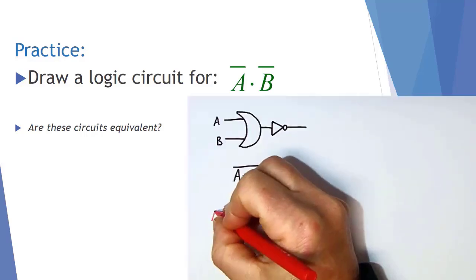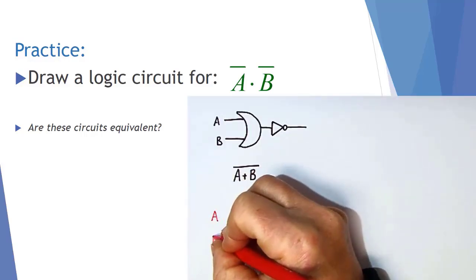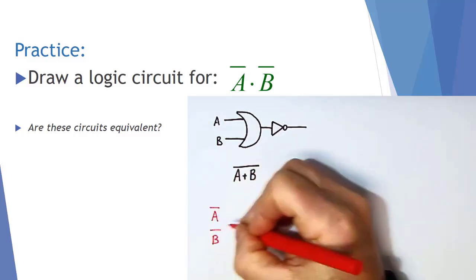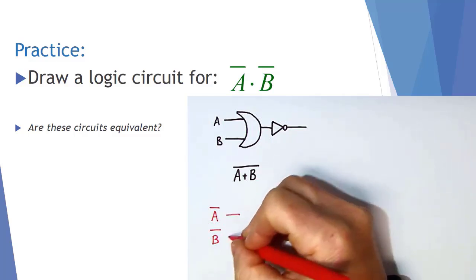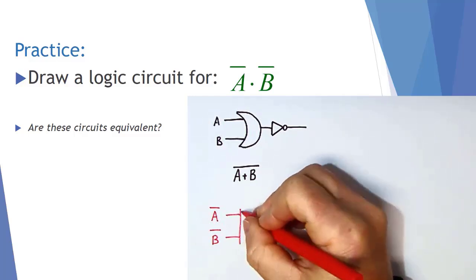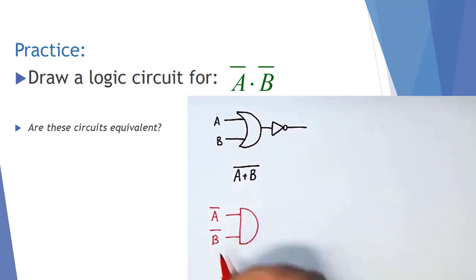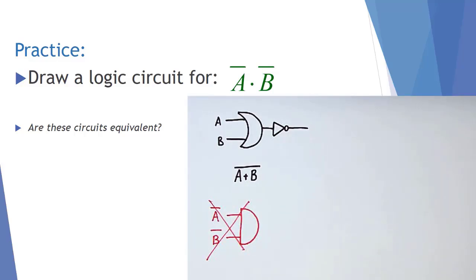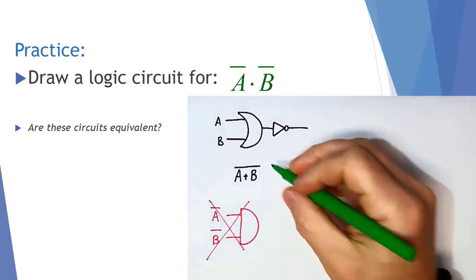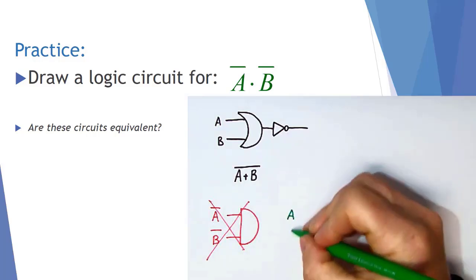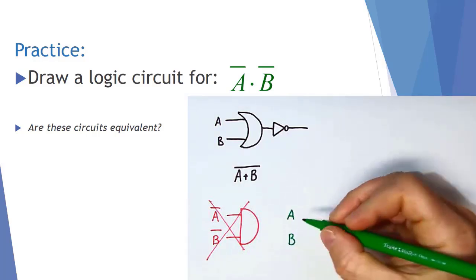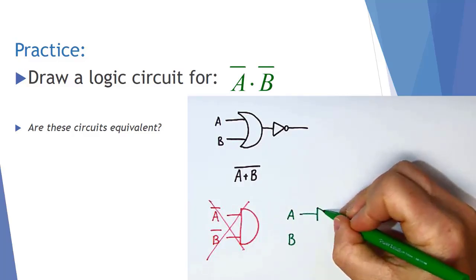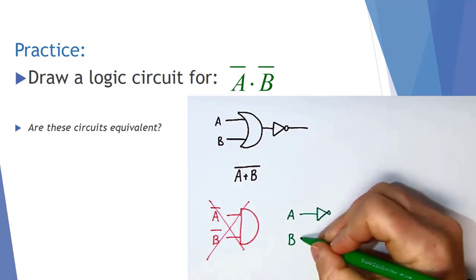Okay, well, be careful, because here's a common mistake I see. I often see people say, oh, okay, I'm going to start with not A and not B, and I'm going to run those into an AND gate. But that's not right, because our inputs can't be negation values. Instead, what we have to do is start out with inputs A and B, just like we did up above. We're going to have an input A and we're going to have an input B. Now, if we want the negation of those, we have to draw that inverter, or that NOT gate, in order to switch those over.